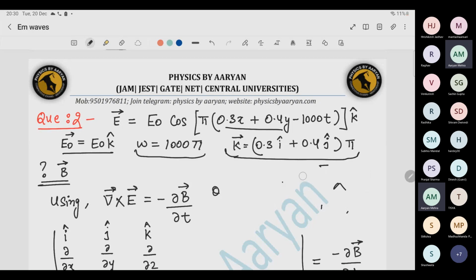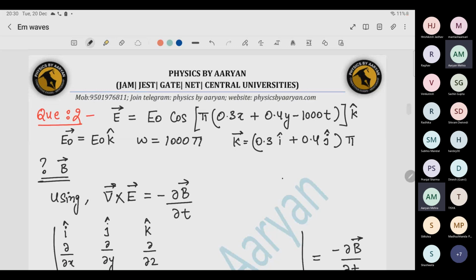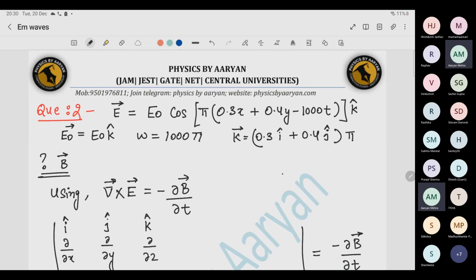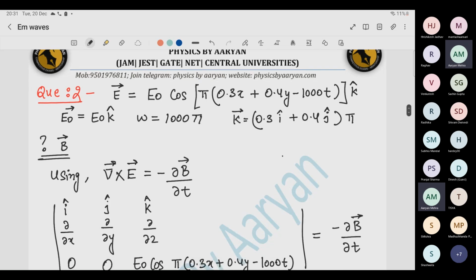I am picking the questions in great depth so that you actually understand the concept of EM waves and how to imagine them. Now all this information has been given to me. They ask: you have the electric field, give me the magnetic field. How do we find the magnetic field? Now we have to come to Maxwell's equations. Whenever the electric field is given and you have to find the magnetic field, always use this equation: del cross E equals minus curly B by curly t.